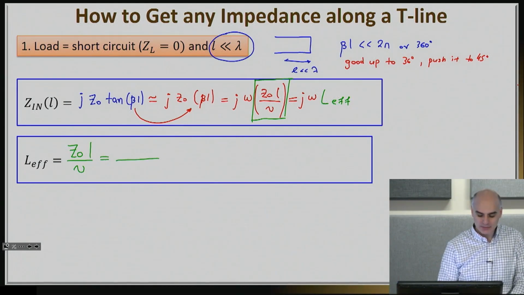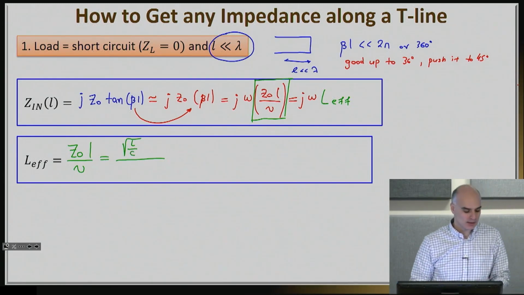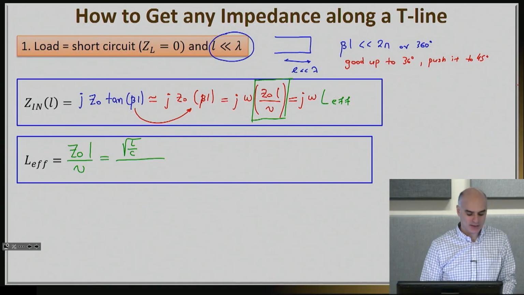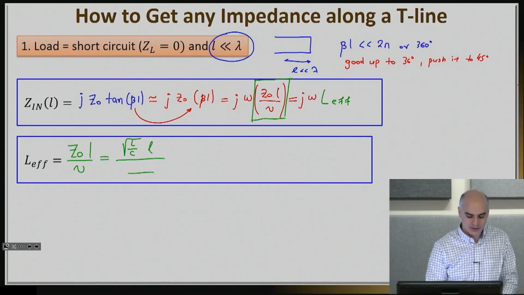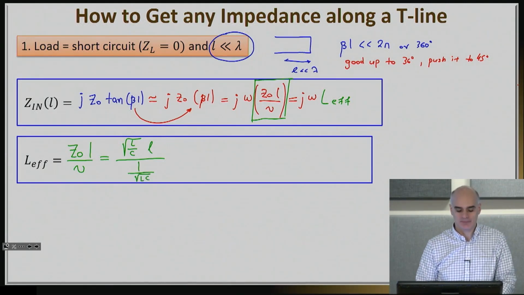And if I go just one step further, I can express my Z0 as the square root of L over C, the square root of inductance per unit length over capacitance per unit length, times L divided by the phase velocity, which is 1 over the square root of LC, as we discovered last time.